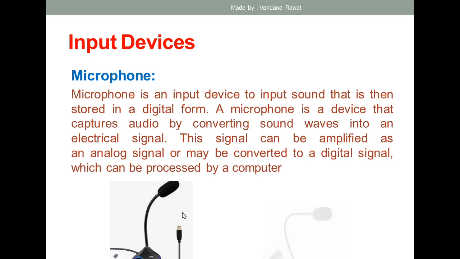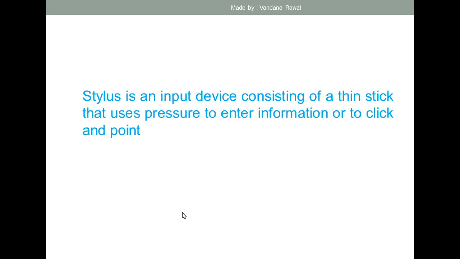This is one microphone. Then, if we talk about the next type of input device, the stylus is also there. So what do we mean by stylus? This is an input device consisting of a thin stick that uses pressure to enter information or to click on any point.